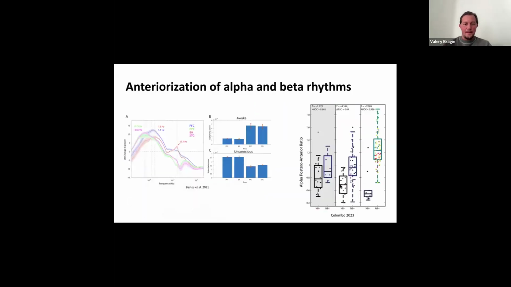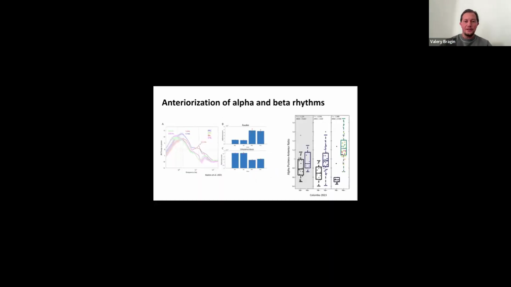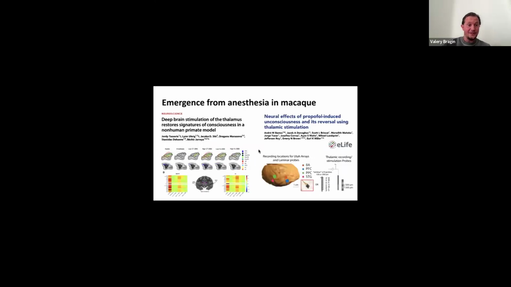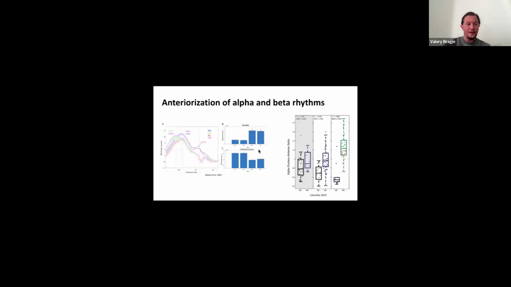And also, one experimental finding that connects to this is the so-called anteriorization of alpha and more broadly beta power. So on the left, this is a recording from the Bastos work in macaque.